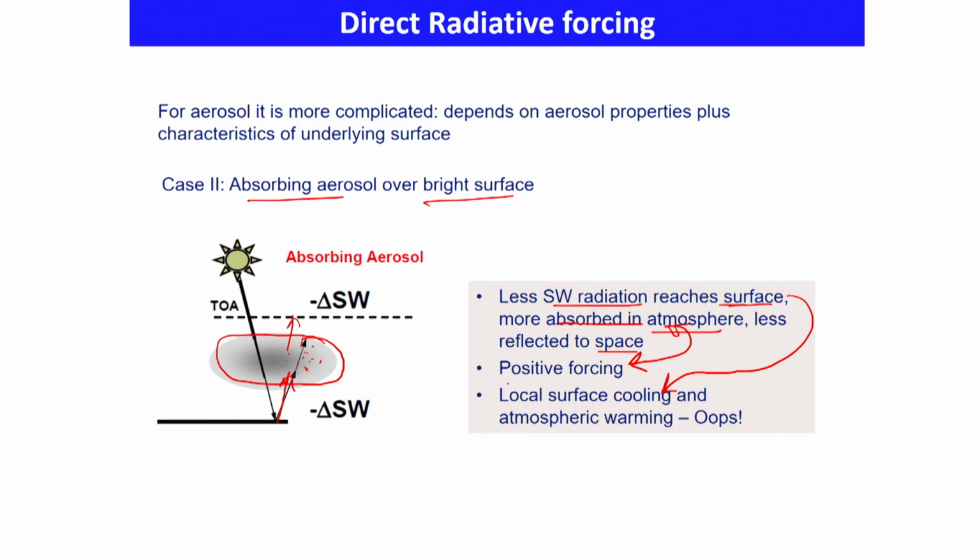So you have the local surface that is cooling, and the atmosphere is warming. This is very strange and very disturbing, because the atmosphere is already divided, so it will have a different impact if you talk about surface processes and atmospheric processes.